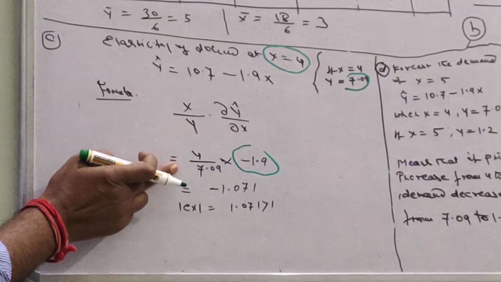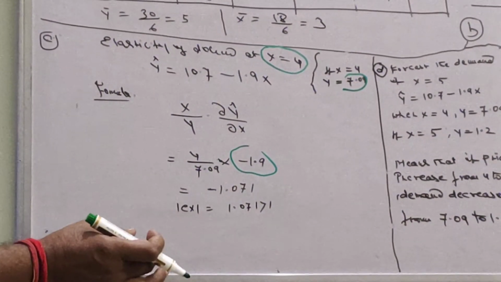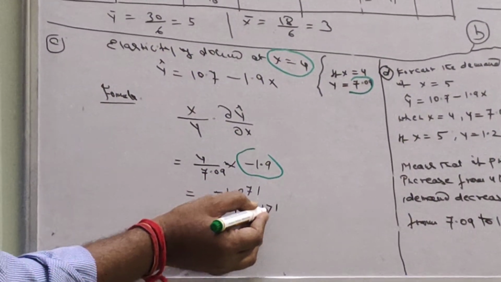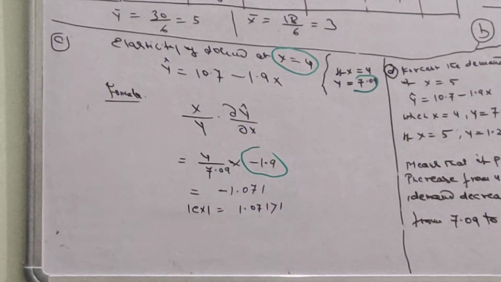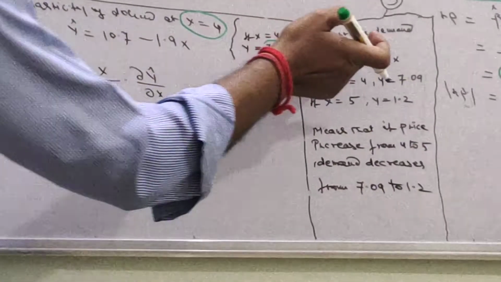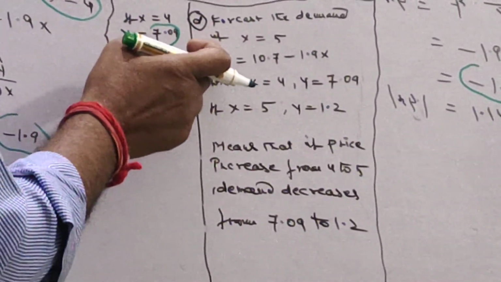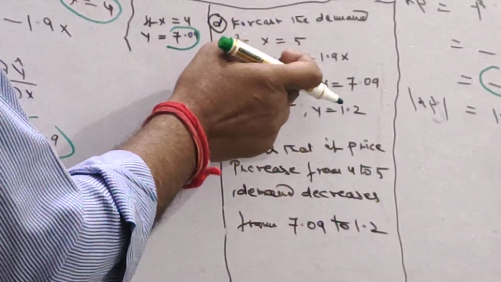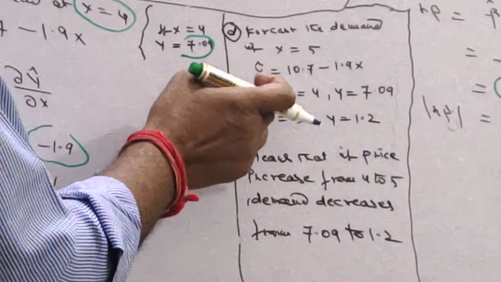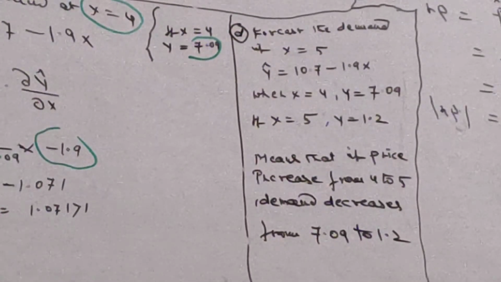Now after solving this one, we get finally, in modulus form, the price elasticity of demand 1.071, greater than 1. And finally we will have to forecast the demand if x equal to 5. Now y hat equal to 10.7 minus 1.9x; when x equal to 4, y equal to 7.09.